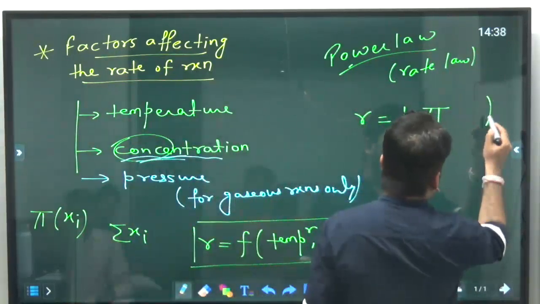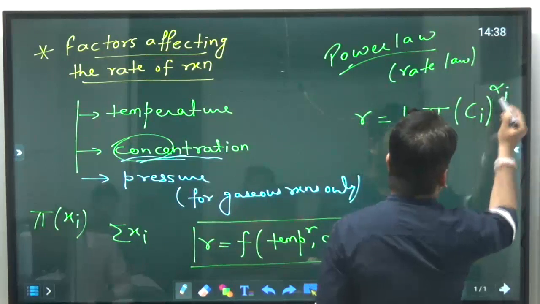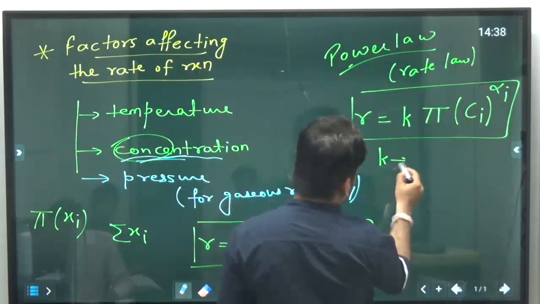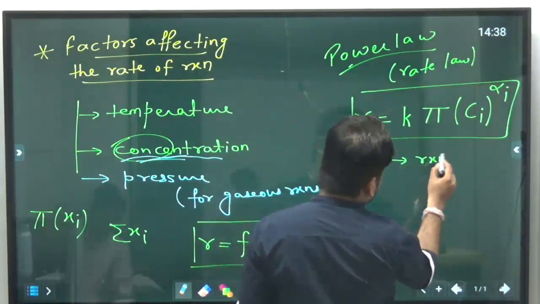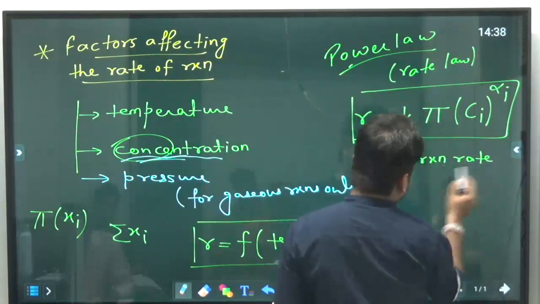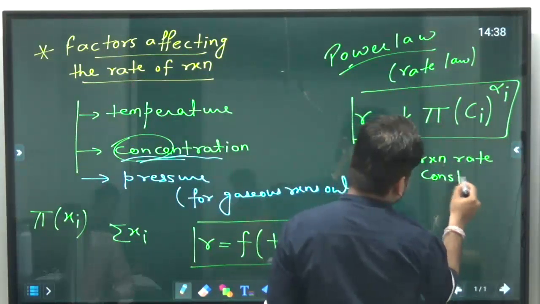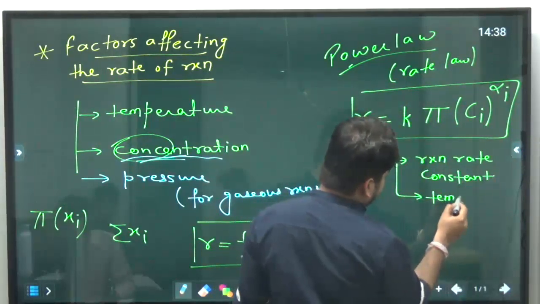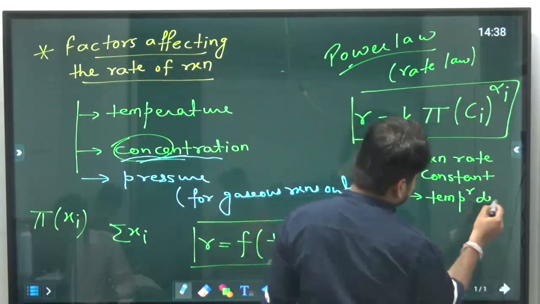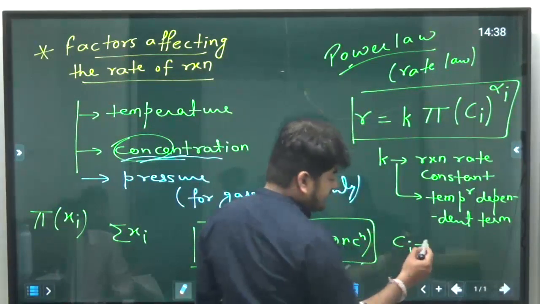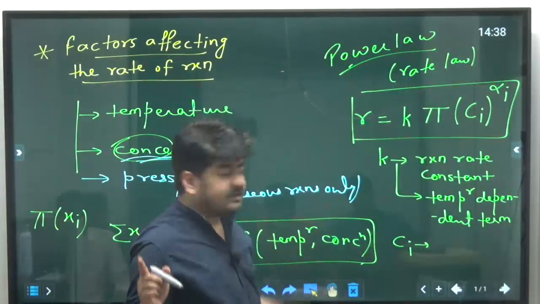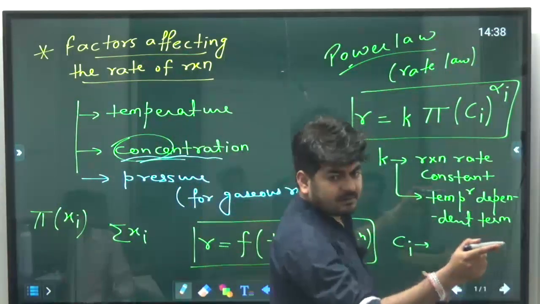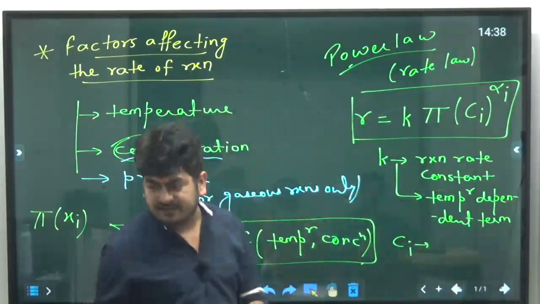Product summation of Ci power alpha i, where this K is known as reaction rate constant, which is a function of temperature only. Ci is the concentration of reactant i, not all the components, only the reactants.